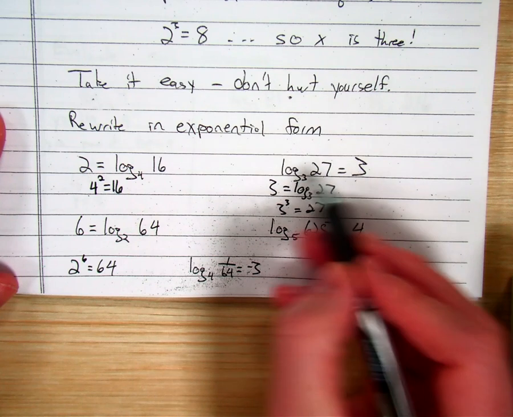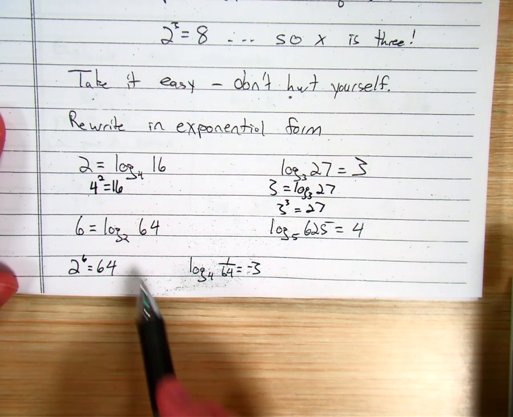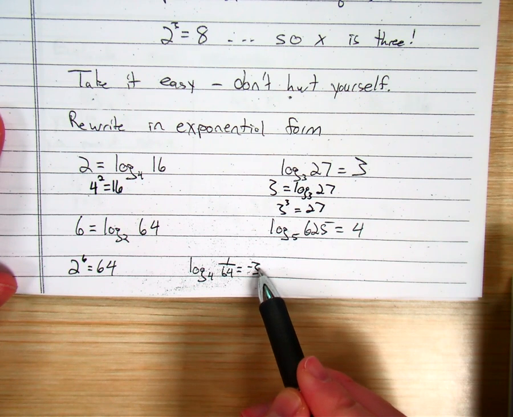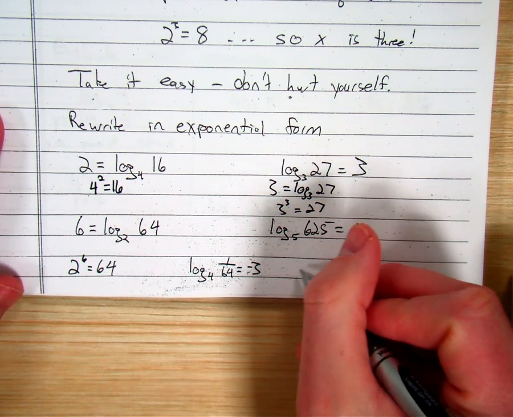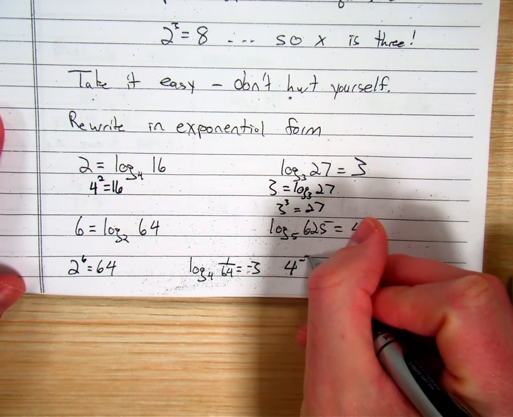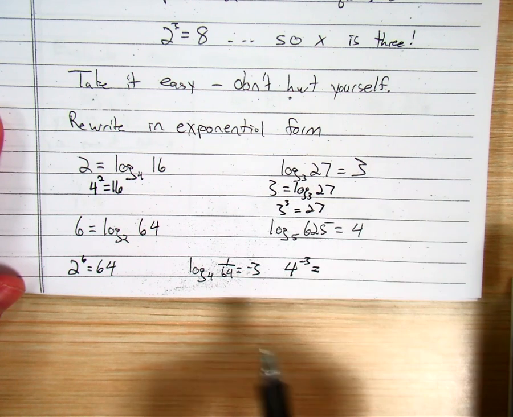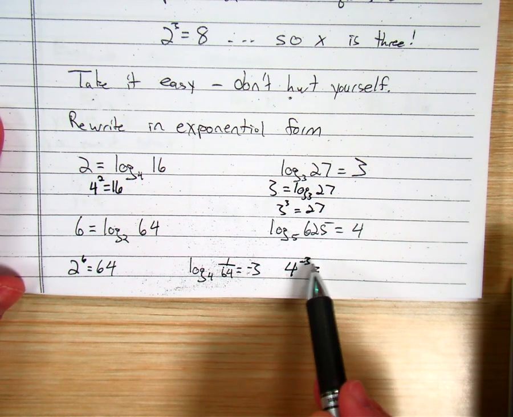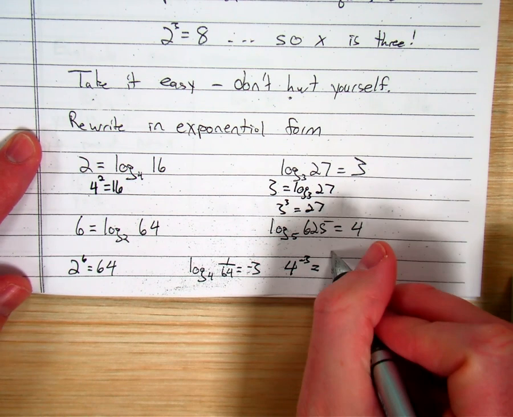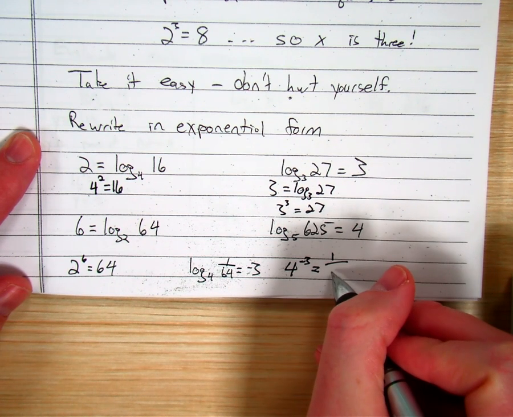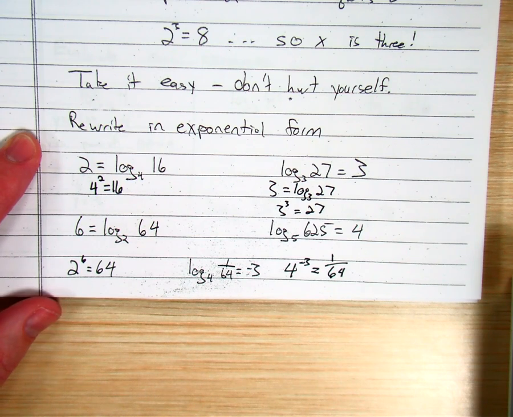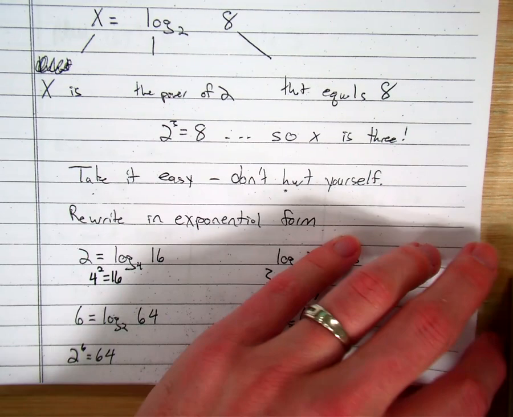Remember, the answer should be the exponent on top of our base number. 4 to the negative third. Okay, 4 to the third power is 64. 4 to the negative third power is 1 over 64. We've been working on those negative exponents and how they're the same thing as the positive exponents, but just flipped upside down.